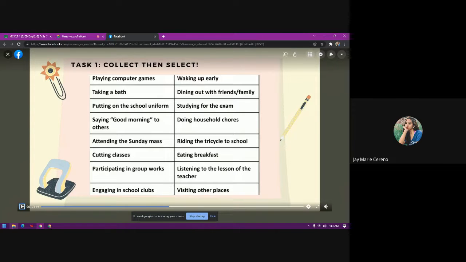Okay, time is up. Finish or not finish, pass your worksheets. Okay, before we proceed to our next activity, was the activity difficult or not? Yes, Mr. Abante? Not that difficult? Okay, that's good. Then, what do you think that we should categorize details or information?